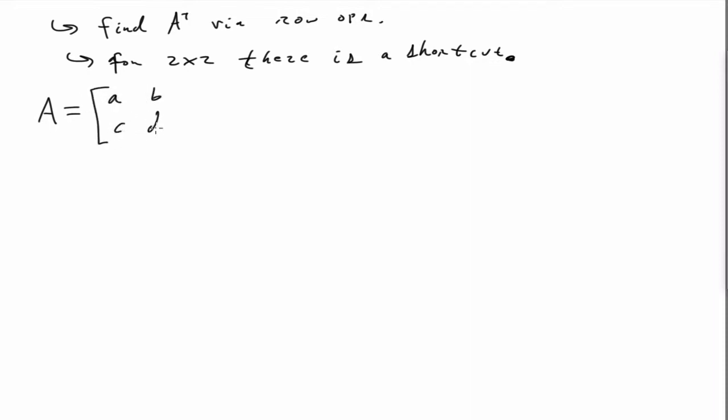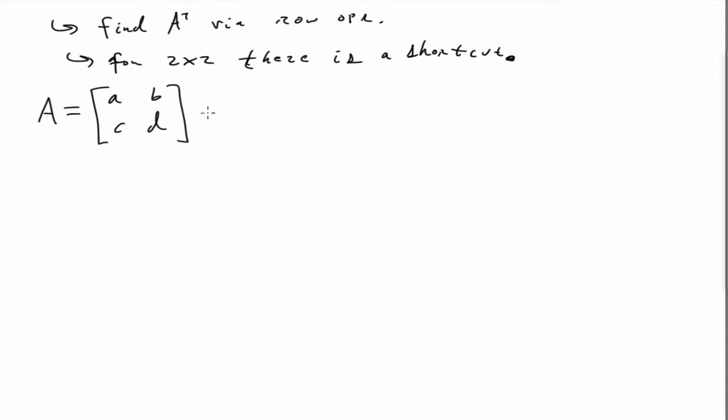For 2x2 matrices, there's a shortcut. And this only works for 2x2 matrices. It's something you might want to put in your mind, because it's a really easy trick. A is just going to be A, B, C, D.